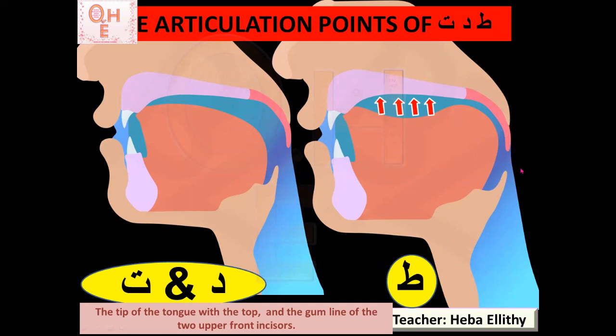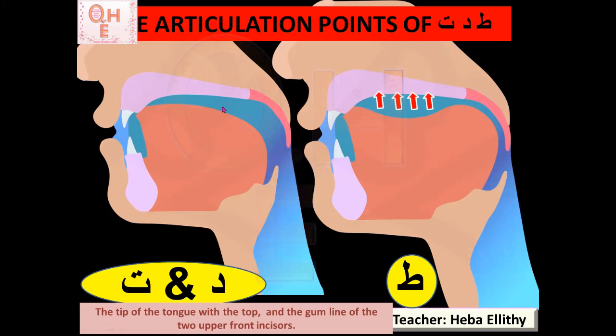For letter طا, the epiglottis here is narrow and tight, but here it's opened. What else? If you look here at the tongue, you will find the sound is compressed between these parts. Why? Because the tongue is up from the back and up from the front, so the sound is compressed in this area.